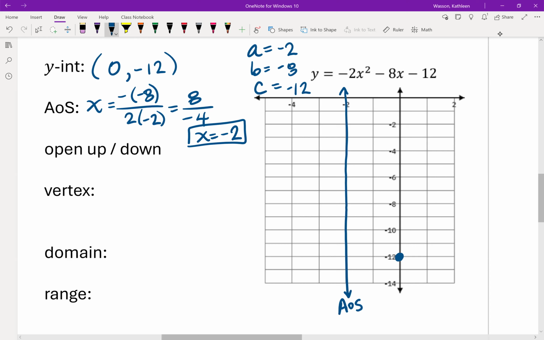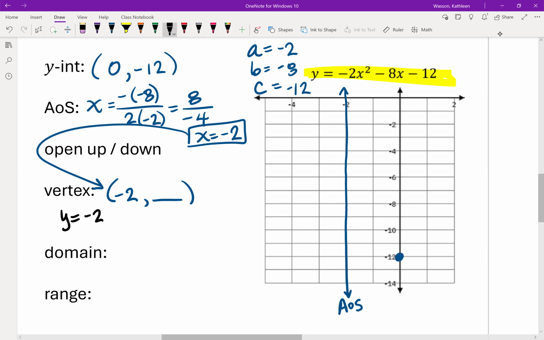From here, I need to determine the vertex. So I use the h from the axis of symmetry that I just found. And I need to calculate y when x is -2. So I will write my formula or my equation that I'm graphing. Y equals -2.